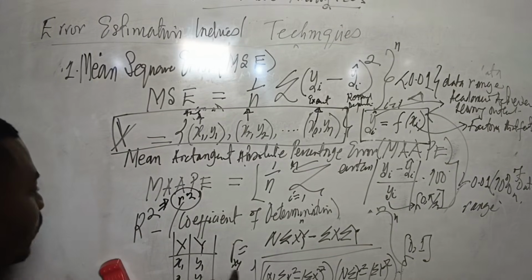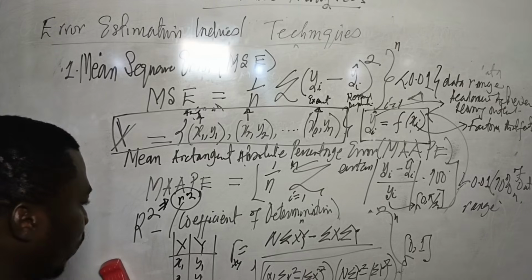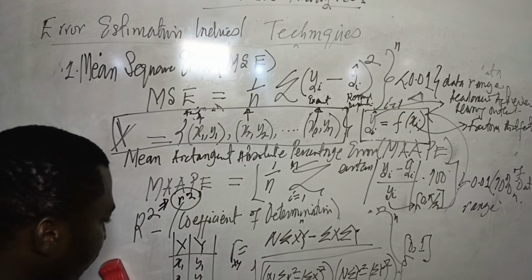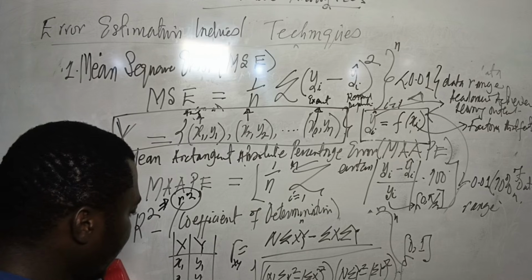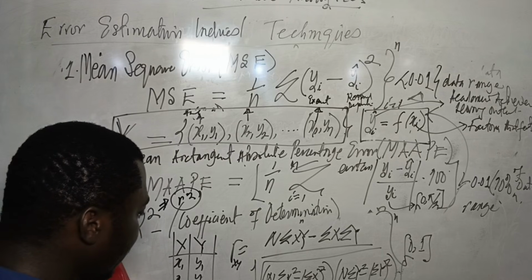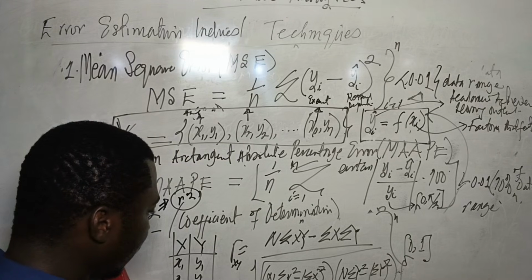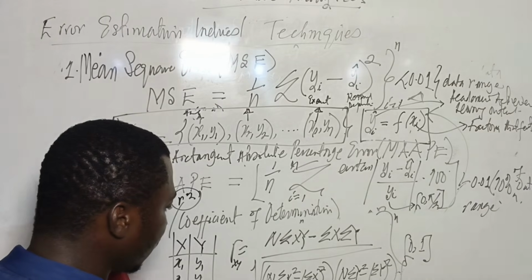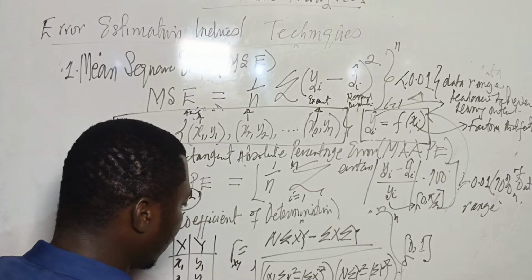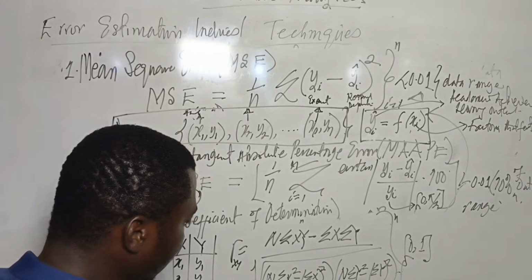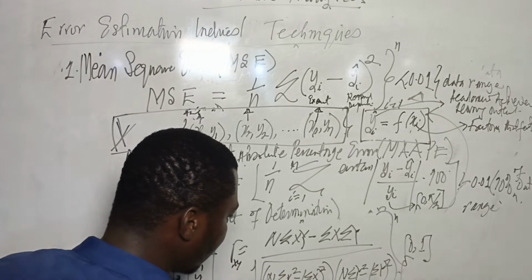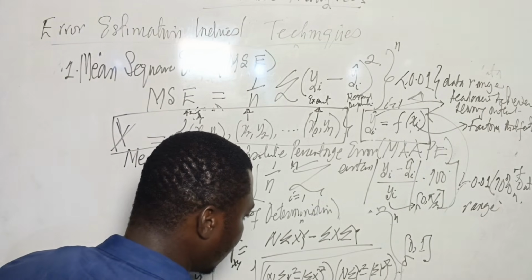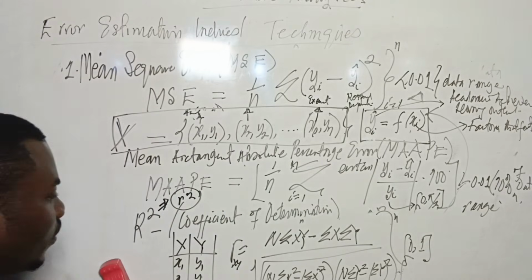If you obtain this r, rxy, from this data, and then you square it, it becomes the coefficient of determination.